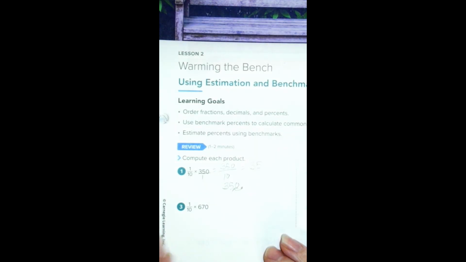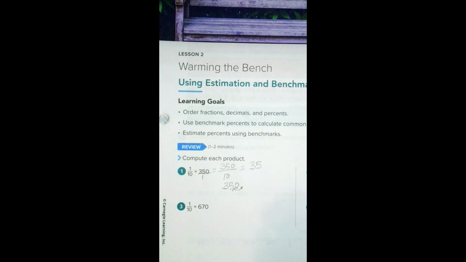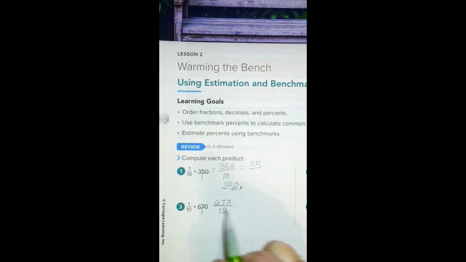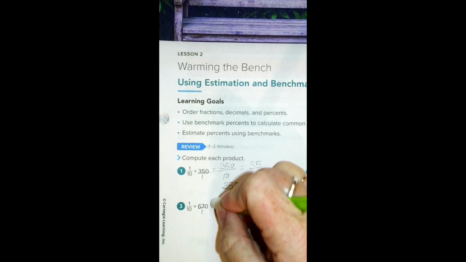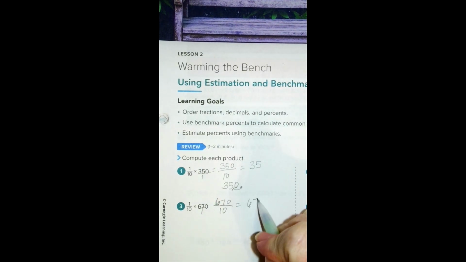Okay, so what then about 1/10 times 670? So 1/10 of 670. Again, there's a 1 here, so multiplying straight across, we get 670 over 10. That's just a division problem again. So 670 divided by 10 is going to be 67.